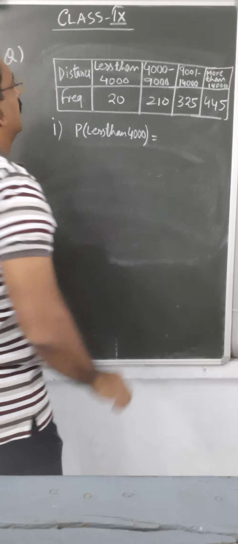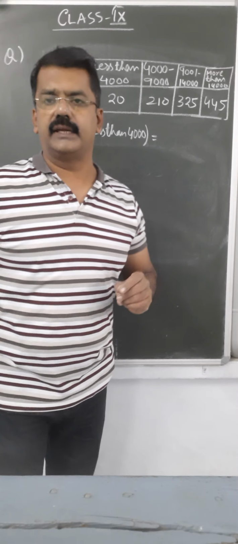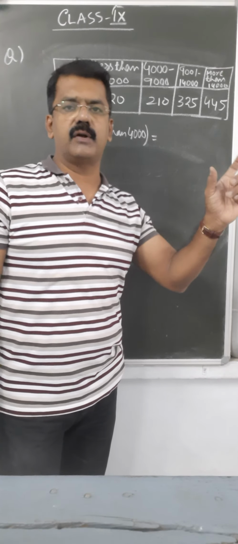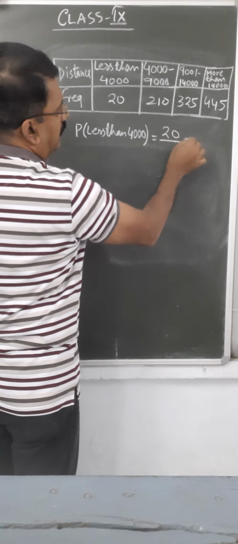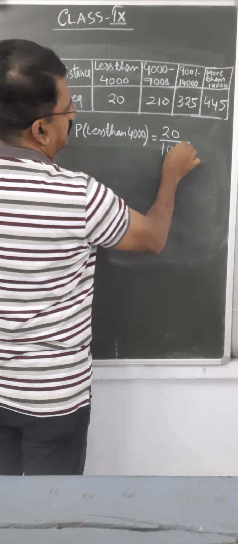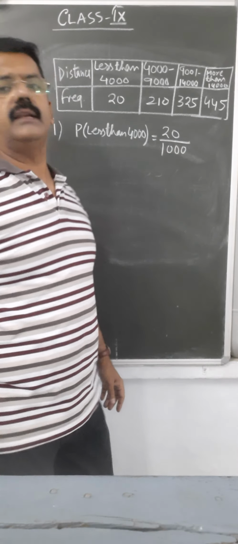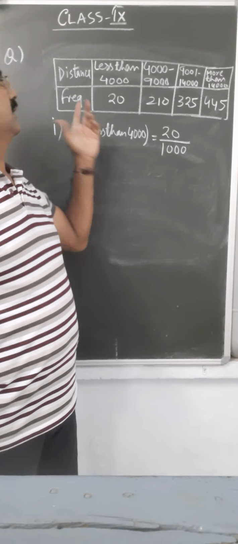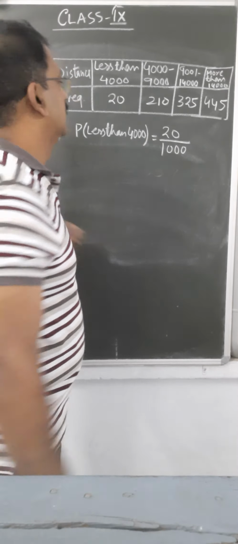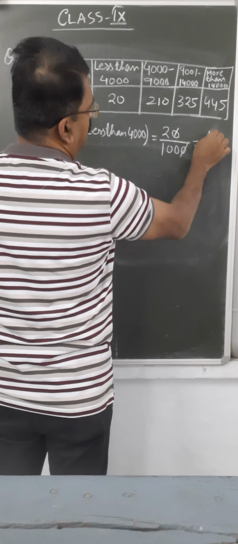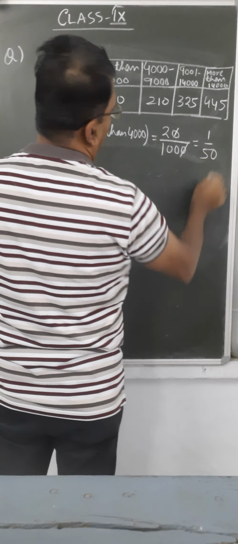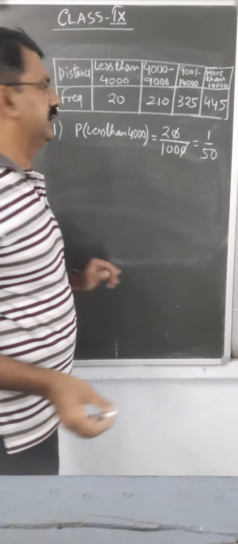You see, the favorable outcomes will be 20. You know the formula: number of favorable outcomes upon number of total outcomes. The favorable outcomes will be 20 and the total outcomes will be 1000, because it is given that the total number of cases is 1000. So it is 1 upon 50, or you can write 0.02.